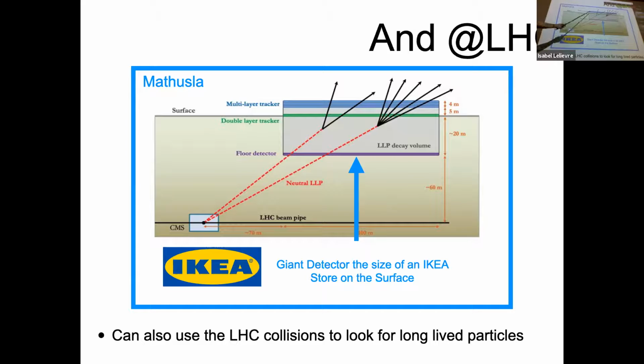So the idea is to build an IKEA warehouse kind of structure, and then instrument it with large cheap detectors, right? And the idea is to look for long-lived particles that are produced in the collisions at the LHC, but then live for a while and decay in this warehouse of a detector.